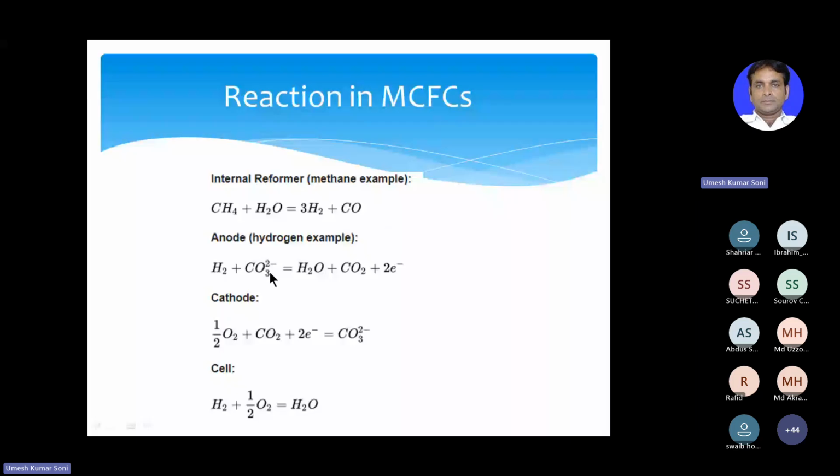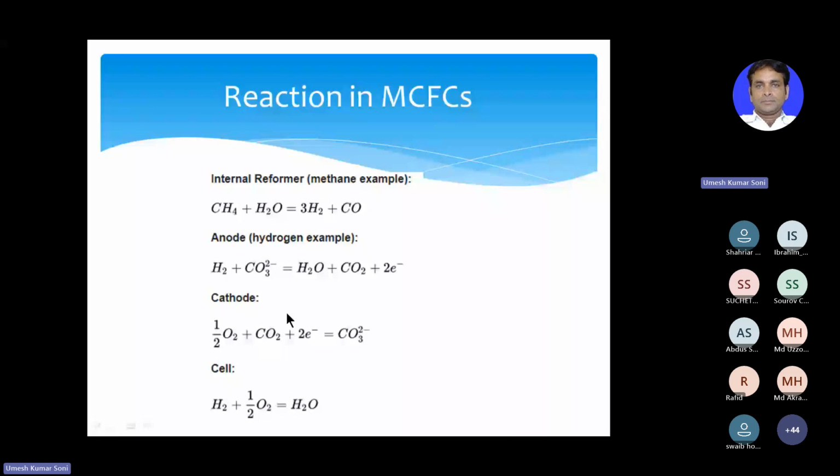So in this way, water and carbon dioxide will be the products, and electrons will emerge out into the electric circuit, and that will be the negative terminal, because the electrons are going out of this anode. The current will be going inside this electrode, and in the cathode you have oxygen, which recombines with the carbon dioxide formed after this reaction, and the electrons coming from the electric circuit to the cathode.